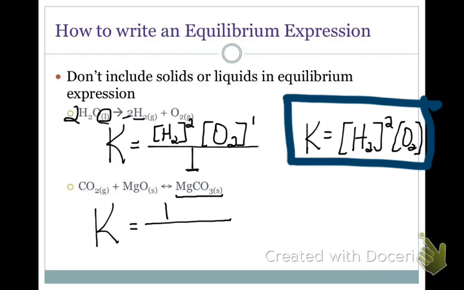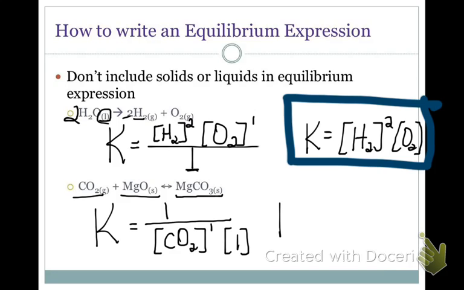Let's take a look at the reactants, starting with the first reactant. That is a gas, and this equation is balanced, so we have CO2 raised to the first power, or no power. The second reactant is just a solid, so really that's multiplied by 1.